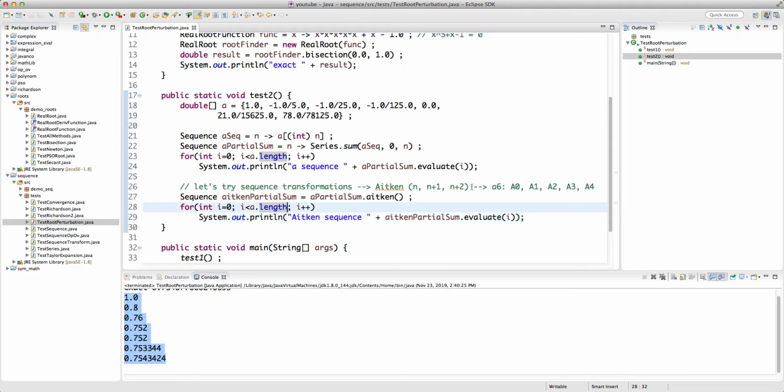Obviously the length was 6, and I have to go twice down that, because Aitken at index n uses n, n plus 1, n plus 2. All right, let's see what happens.